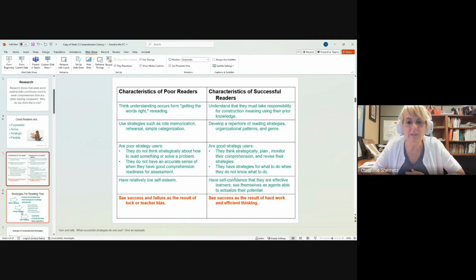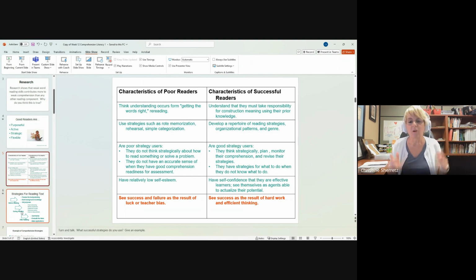So what's some of the difference between poor readers and good, successful readers? Well, one is poor readers think understanding occurs from just getting the words right. Good readers know that they have to take responsibility for the construction of meaning. So they have to decode, but they also have to use some of their background knowledge.